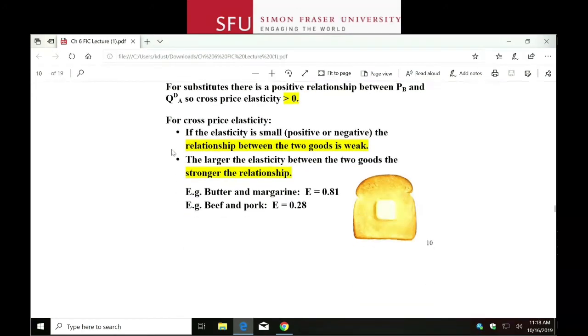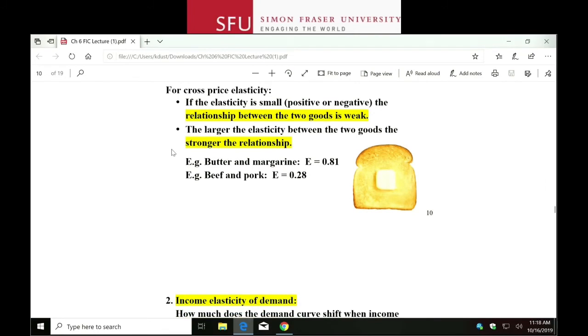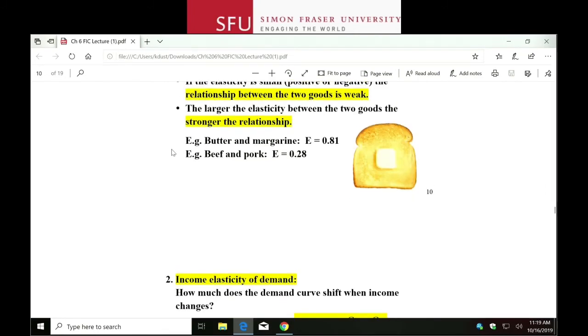Okay, last one is income. So this will be called income elasticity of demand. And this will not measure any price change.